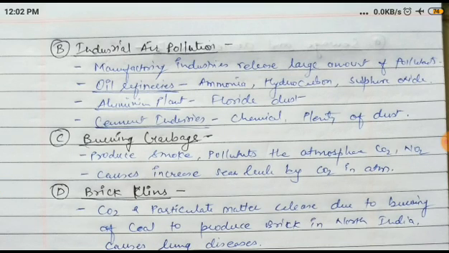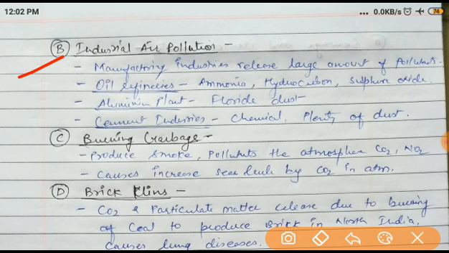Next one is the industrial pollutants. In these you can see so many activities, because nowadays is the era of industrialization. What is the era of industrialization? It means most things are manufactured in industry, and these industries are releasing a lot of gases, a lot of material, a lot of chemicals.